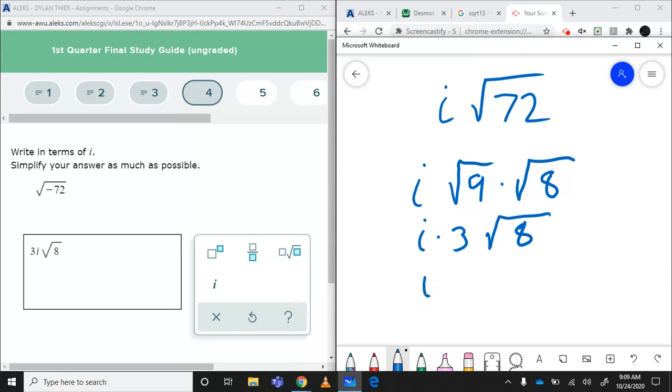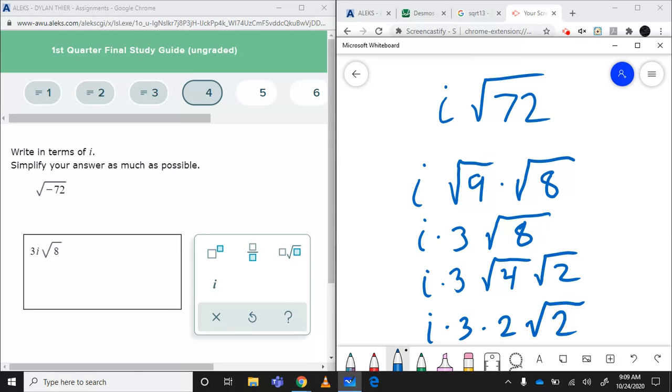If I was able to take this and say square root of 4 times square root of 2, I'd be able to say that we have i times 3 times 2 times square root of 2. And that's where I would finish up. So I would say that my final answer is 6i root 2, combining the 3 and the 2 here to get that 6.